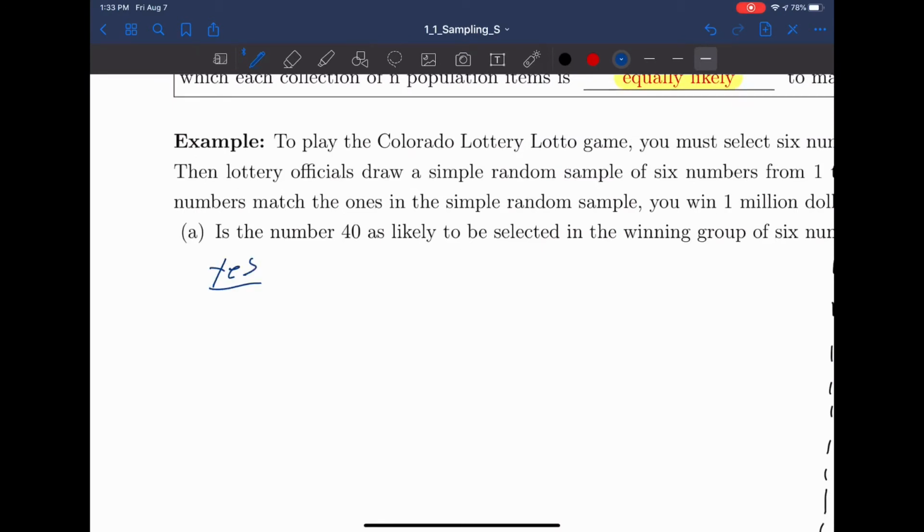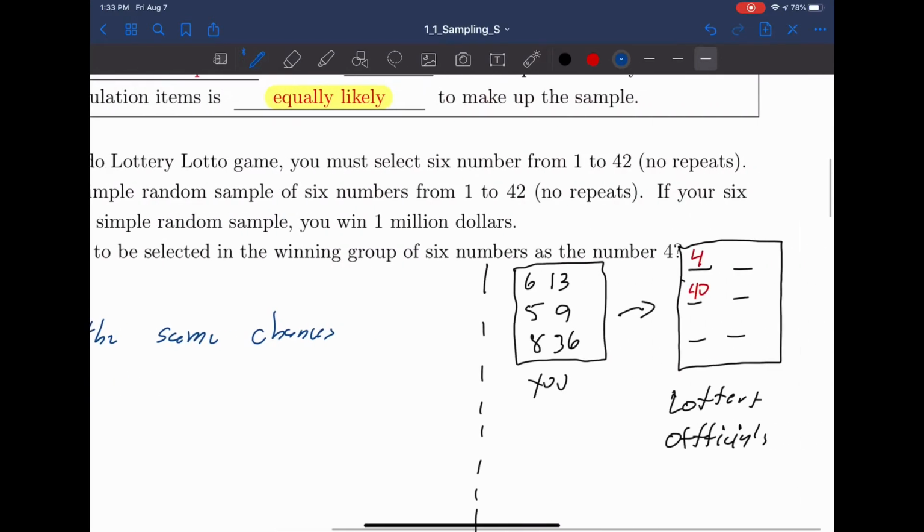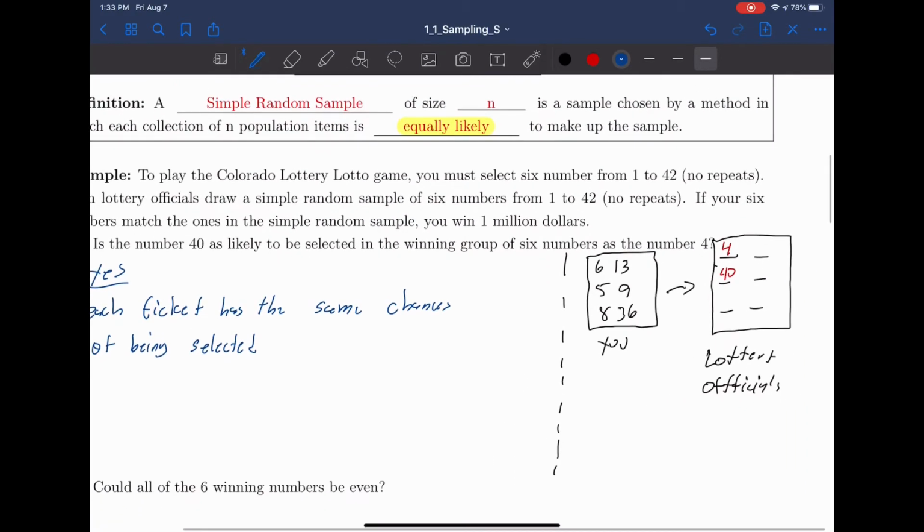Each number has the same chance of being selected, because remember, the idea here is that they randomly choose 6 numbers.